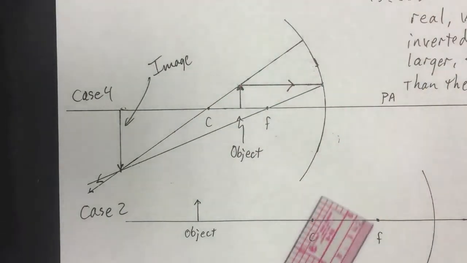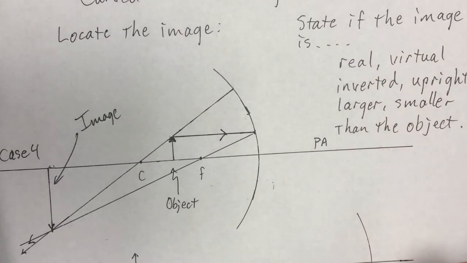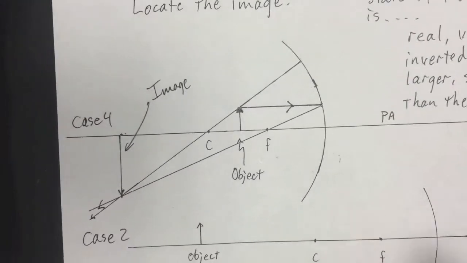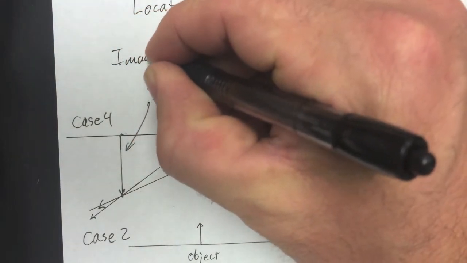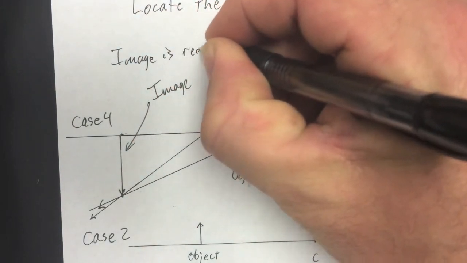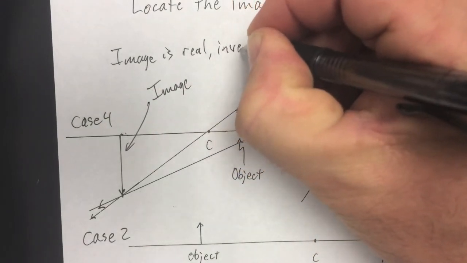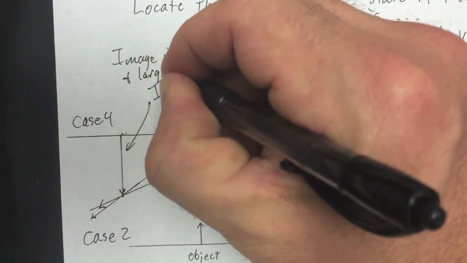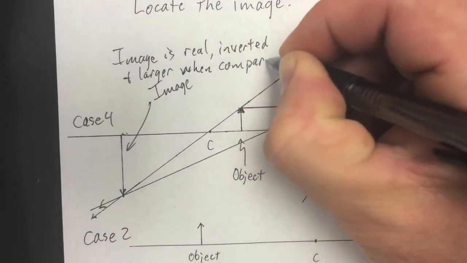Then you want to tell us 3 things, say over here: state if the image is real or virtual, inverted or upright, larger or smaller than the object. You can tell this image is real because it's made by real light rays. So the image is real, inverted, and larger when compared to the object.